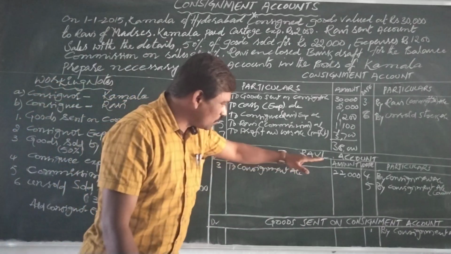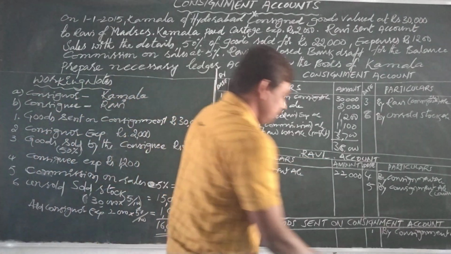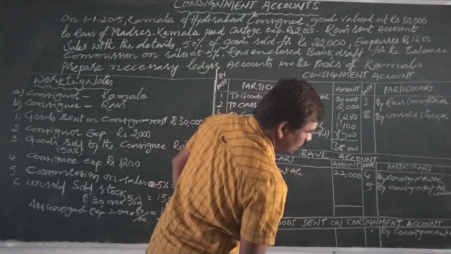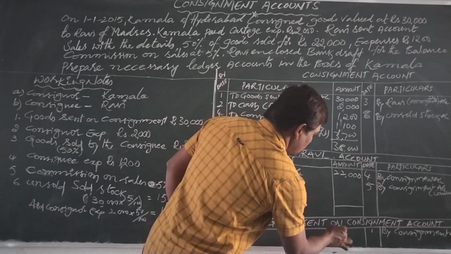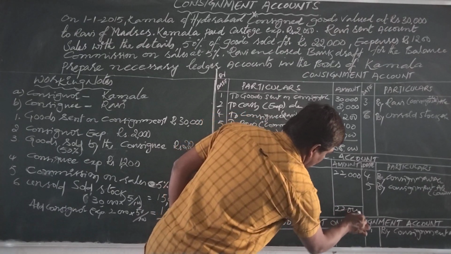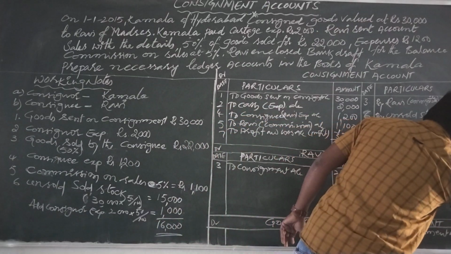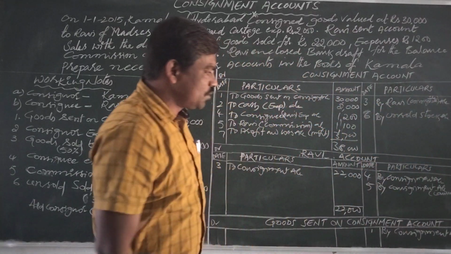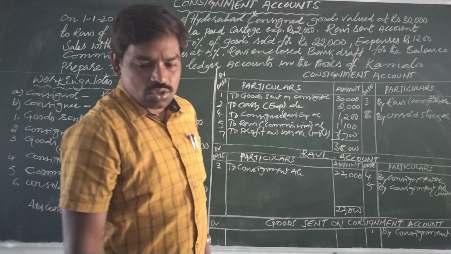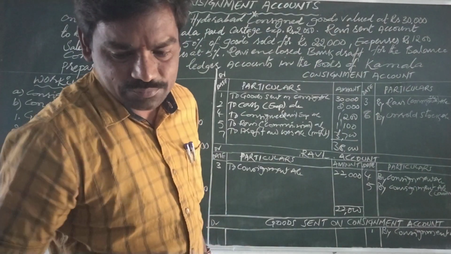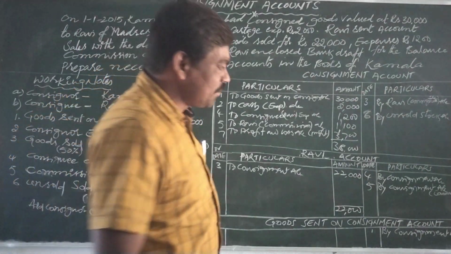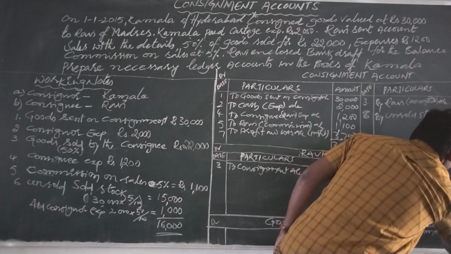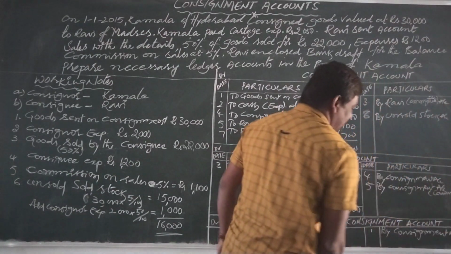And come to the next account, Ravi account. Here, debit side 22,000. From that 22,000 you deduct 2,300. So we will get 19,700. This is the difference figure.